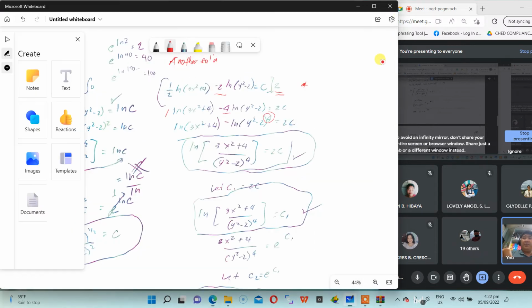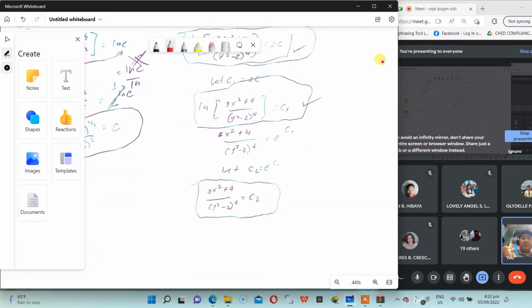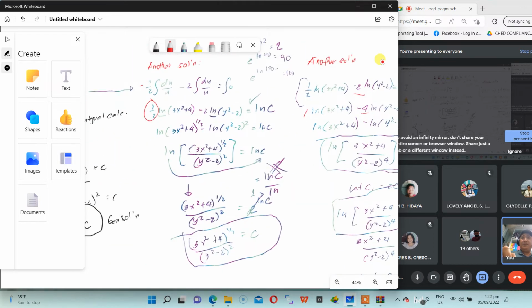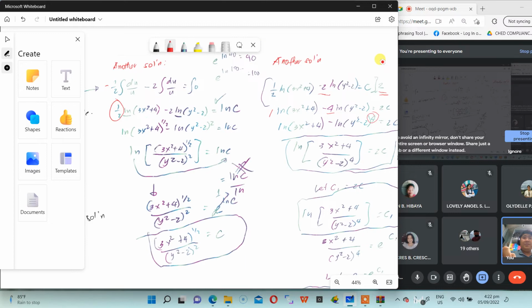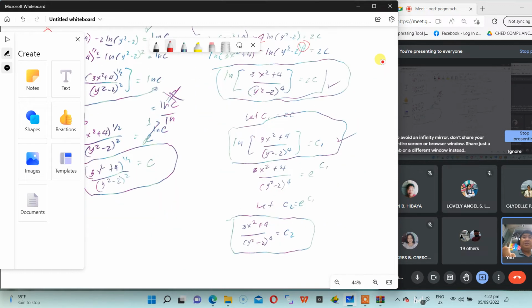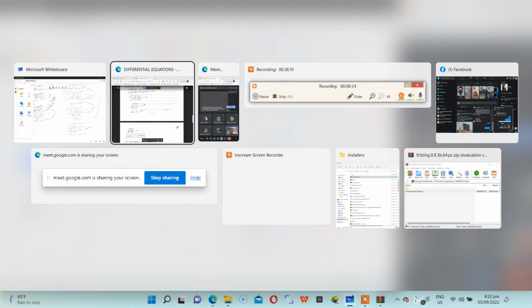So we have that one, which is, okay, so it has many forms. This solution has many possible forms.